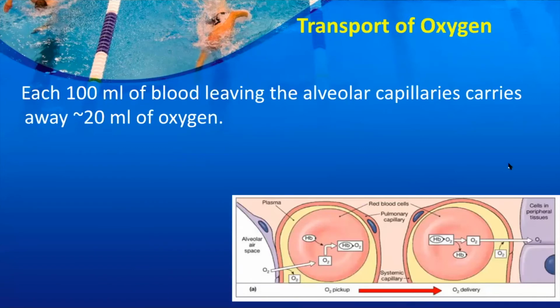So here is a couple things to think about with that. In 100 milliliters of blood, approximately 20 milliliters of it will be oxygen, which means the partial pressure of oxygen coming out of the lungs will be at 20 millimeters of mercury. And as you go through the system, each of the things you guys can choose on the choice board uses a different piece from this lecture.